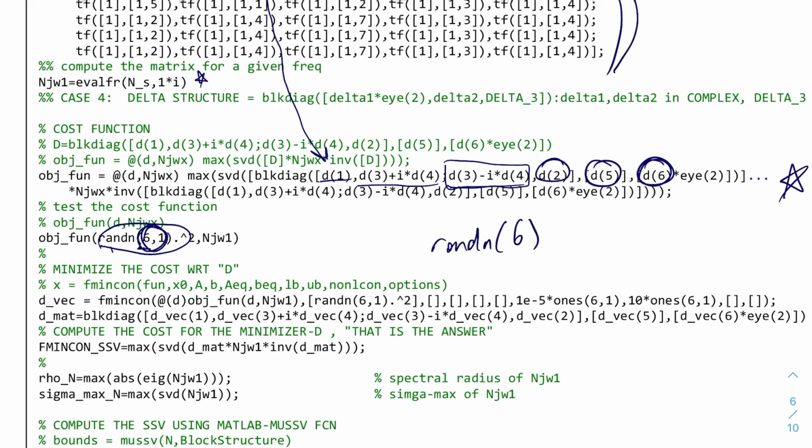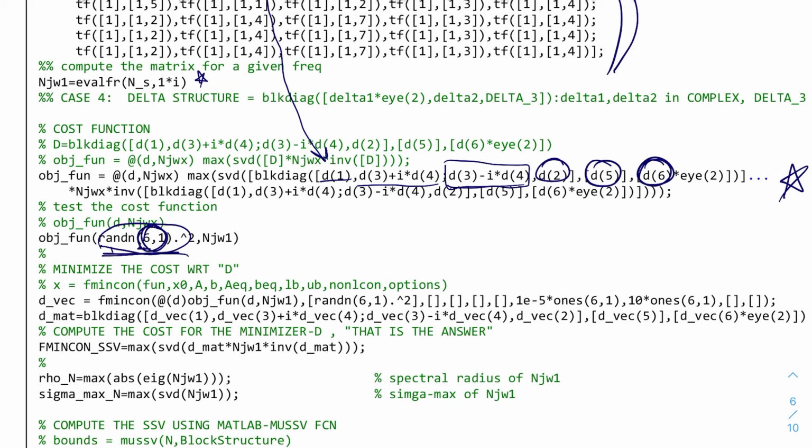Because I think if you write randn(6), it's going to give you a matrix, but I wonder why MATLAB hasn't given me any error for that in the previous case.